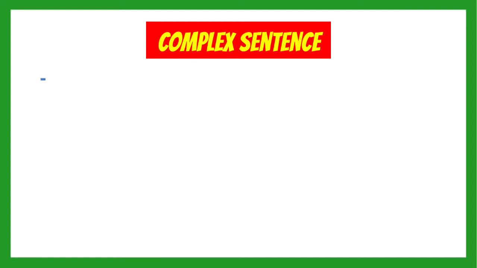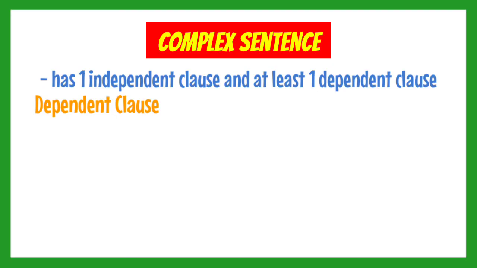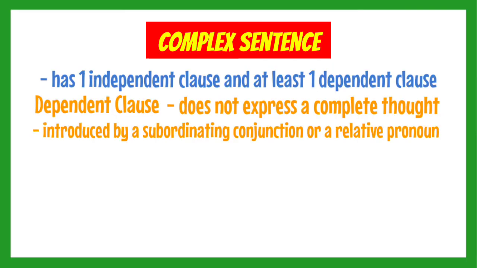A complex sentence has one independent clause and at least one dependent clause. What do we mean by a dependent clause? Unlike an independent clause, it does not have a complete thought, although it has a subject and a verb, and it is introduced by a subordinating conjunction or a relative pronoun.